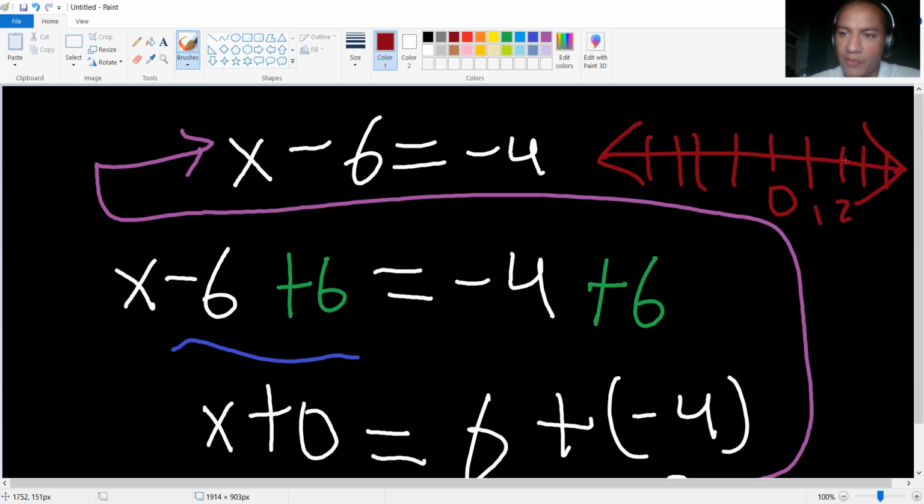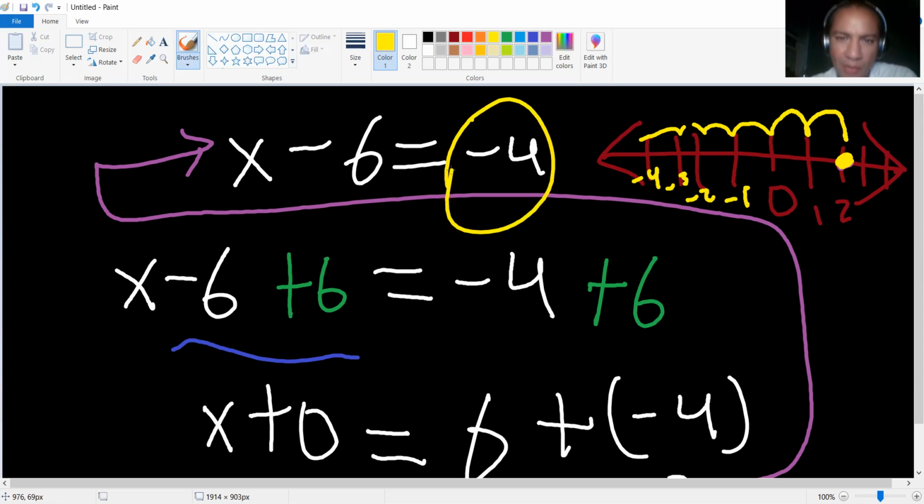Let's do yellow. We're saying that 2 minus 6 is negative 4. That means we got to go 6 steps backward. 1, 2, 3, 4, 5, 6. Okay, that's negative 1, negative 2, negative 3, negative 4. And that is the number. That has to be it.